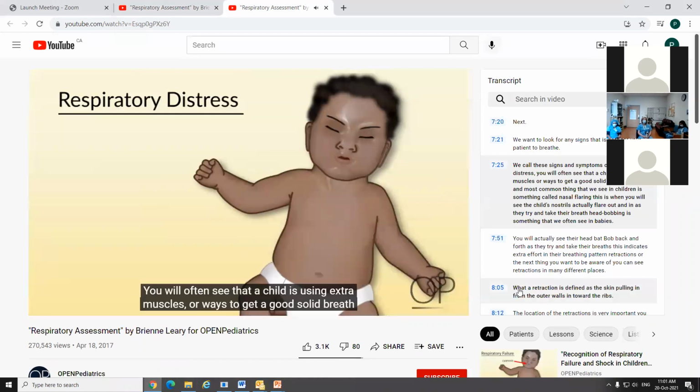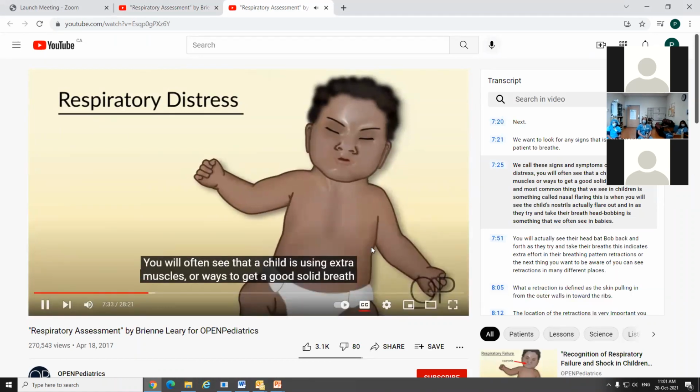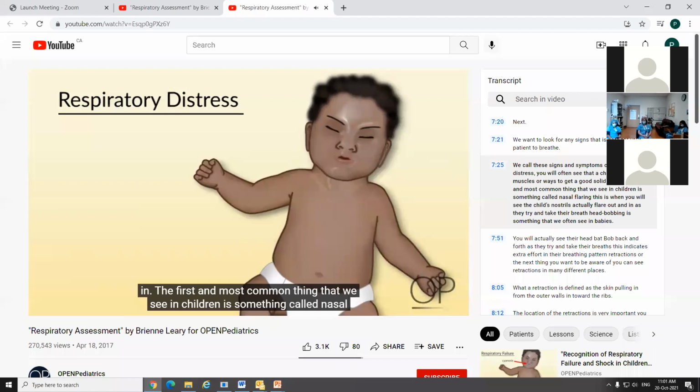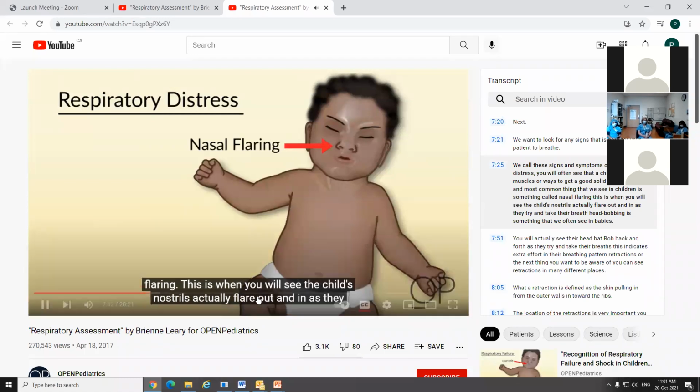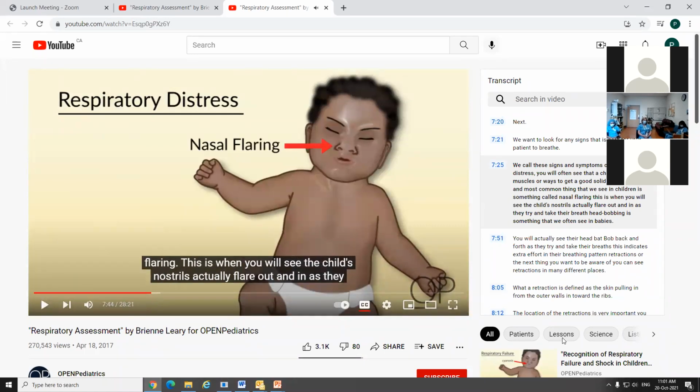Can you hear? No. I think it might be a setting on Zoom to let the sound from your computer go through Zoom.